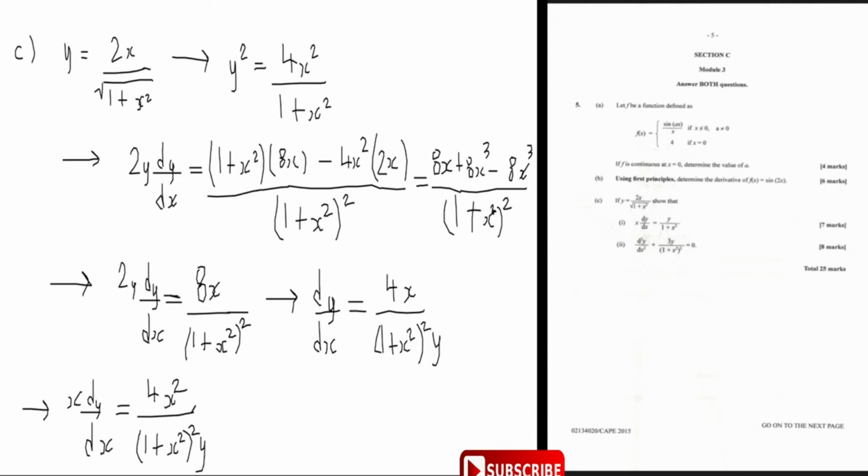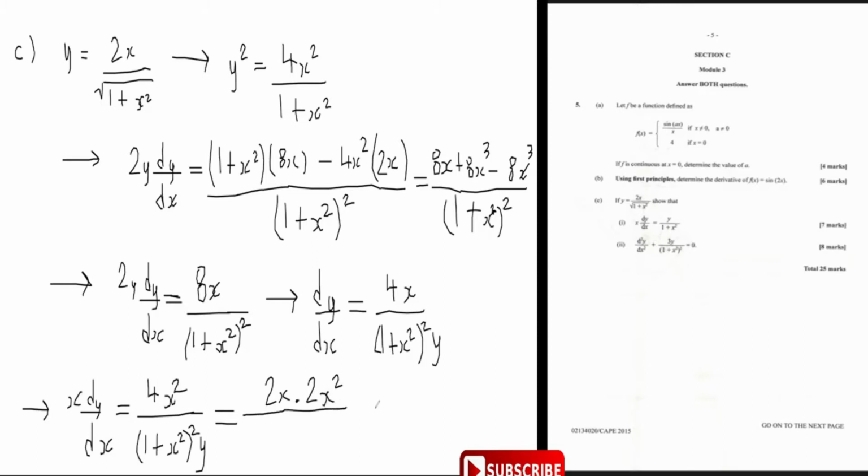But now look at this. Remember 4x squared, I can break up the numerator as 2x times 2x.